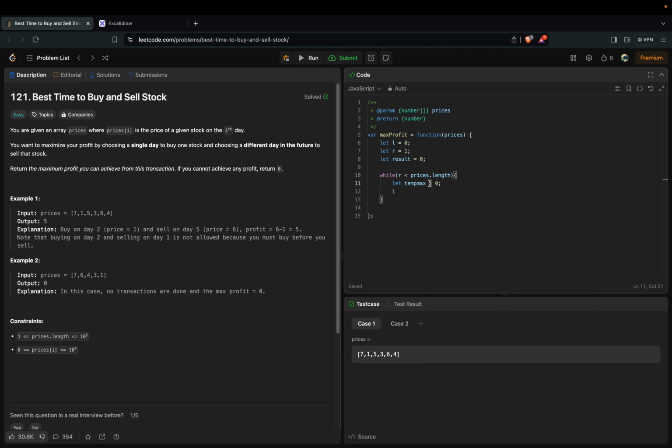Or let's make it profit. Let profit. Then we are going to compare whether our left is less than R or not.